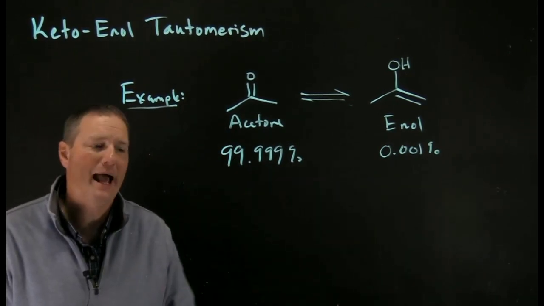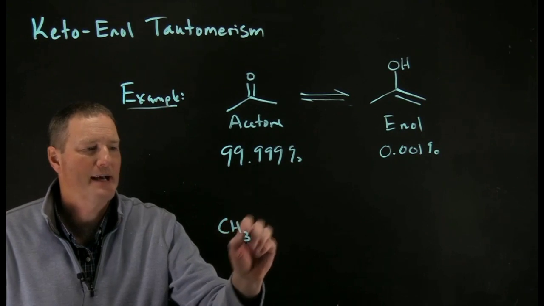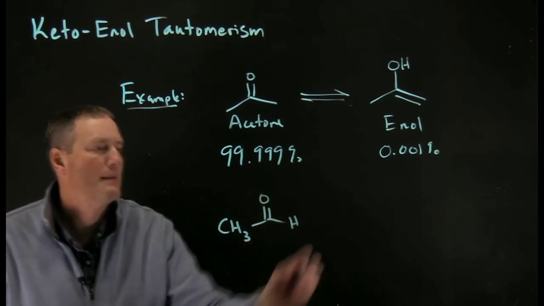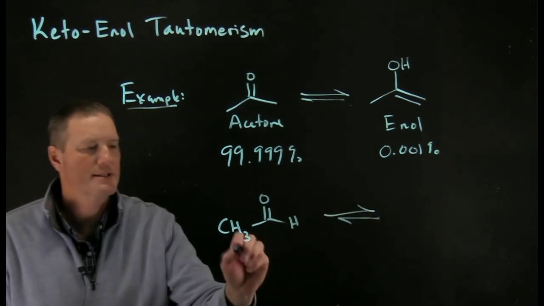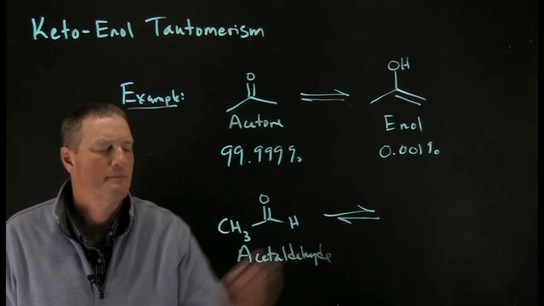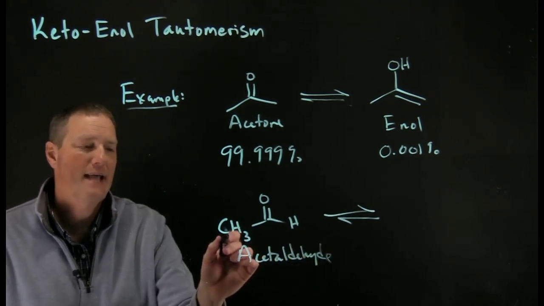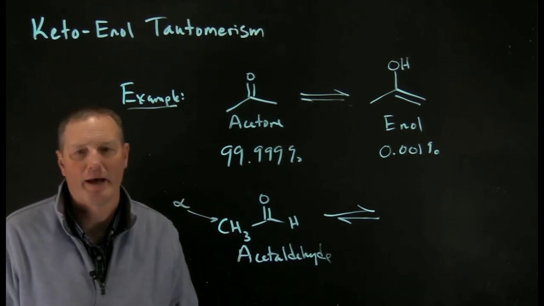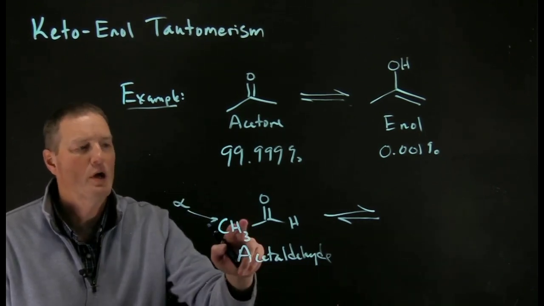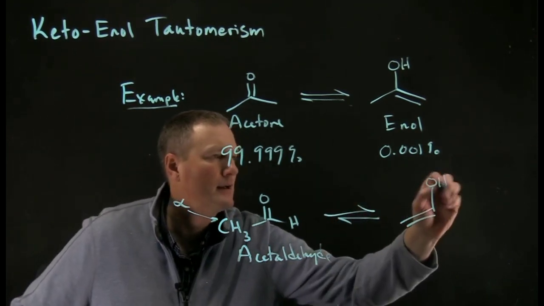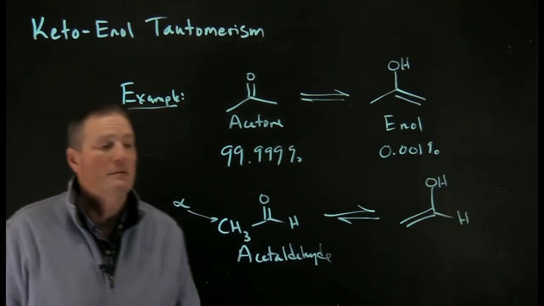However, when you talk about aldehydes, let's look at the example acetaldehyde. Okay, so this is acetaldehyde. Notice that acetaldehyde does have acidic alpha hydrogens. This is an alpha carbon. It has these methyl hydrogens attached in an alpha position. If we were to form an enol of this, the enol would look like this.